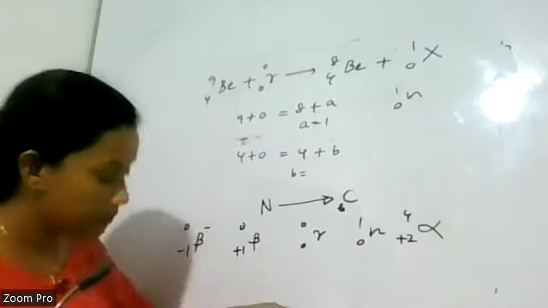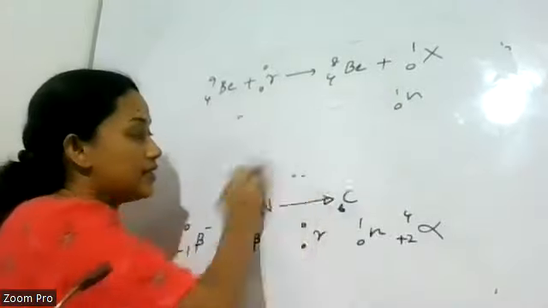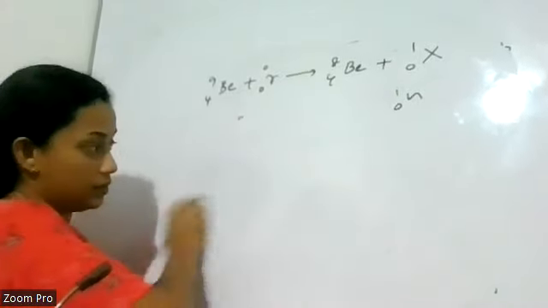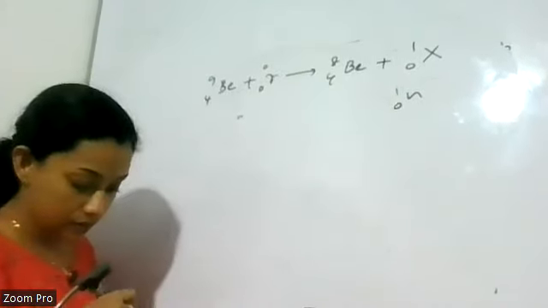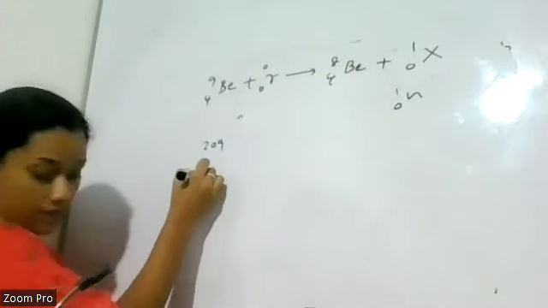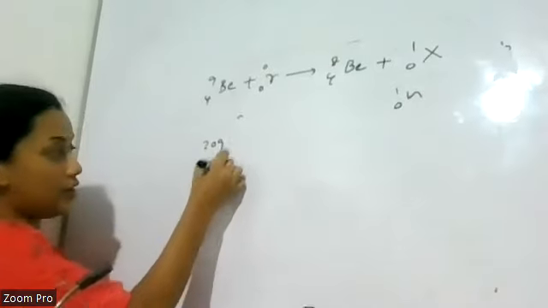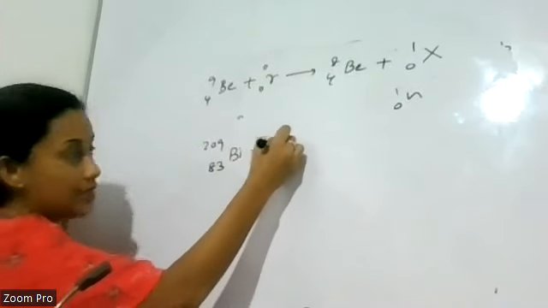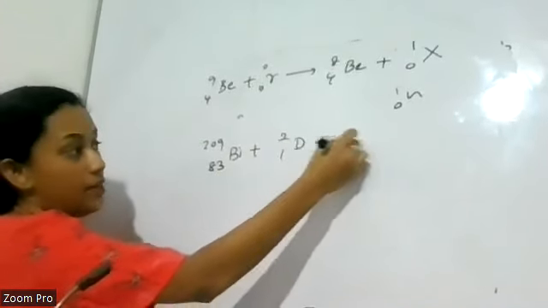Another example. 209, 83 bismuth plus deuterium nuclei.